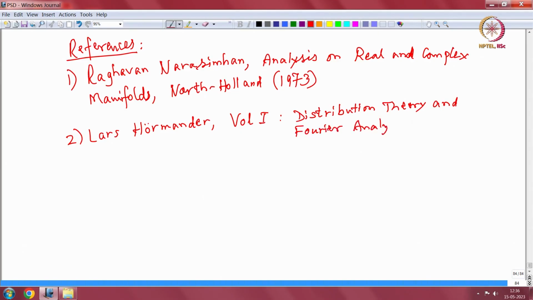This is the Springer second edition; maybe there is another edition now, but this is what I have.